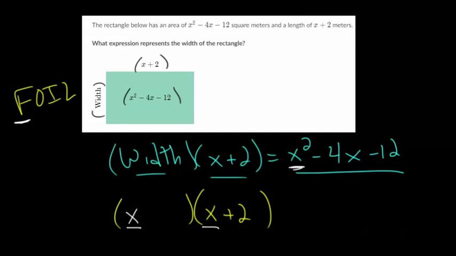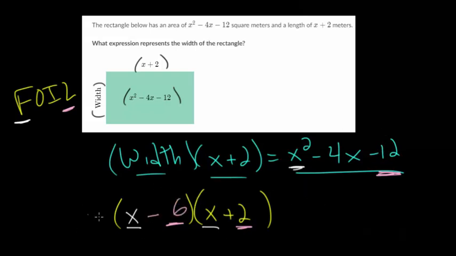And we also know that the last terms, essentially this one and this one, multiply to give us negative 12. So in this case, we don't have to go through the guess and check work since we already have one of the numbers. So we essentially just have to ask what number multiplied by positive 2 would give us negative 12. And in this case, it would be minus 6.